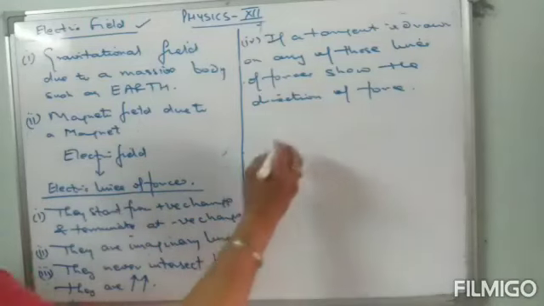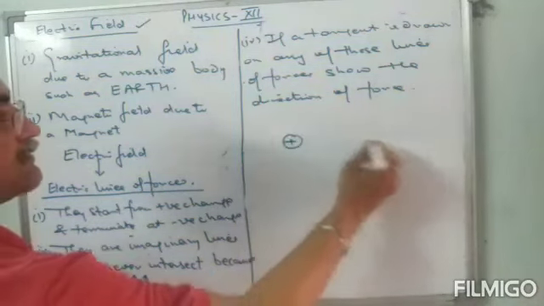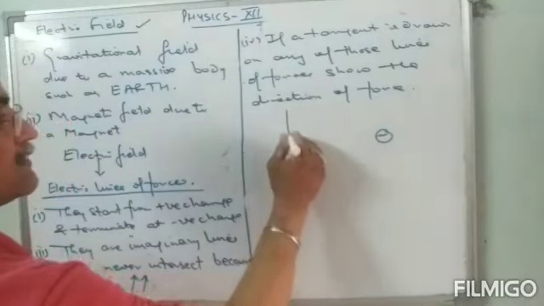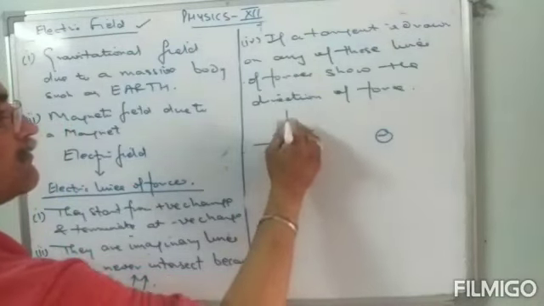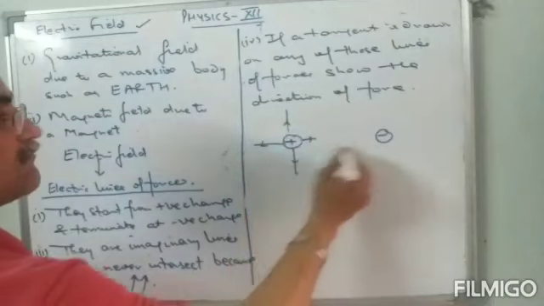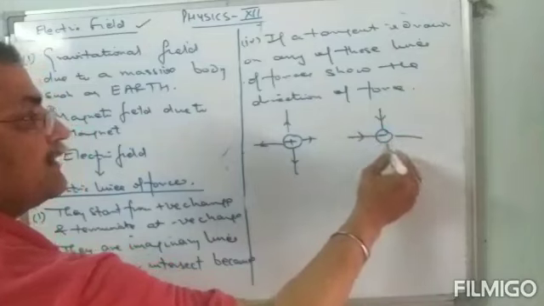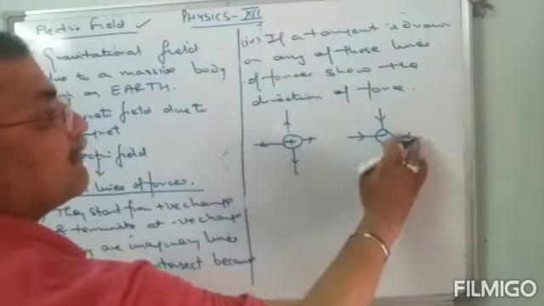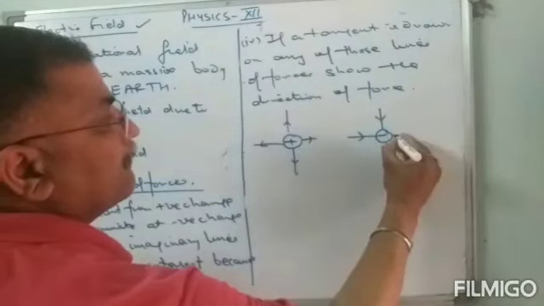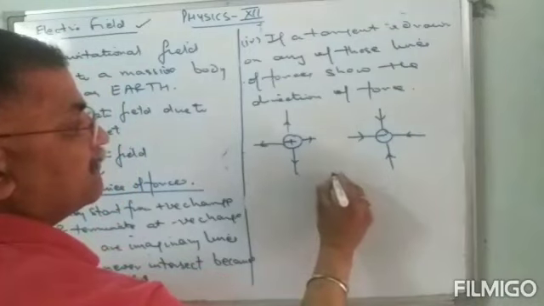Coming on to some diagrams now. I've taken a positive charge, I've taken a negative charge. Lines of force will go outward. As I told you earlier, they start from positive, and in case of negative charge, they terminate. First diagram.